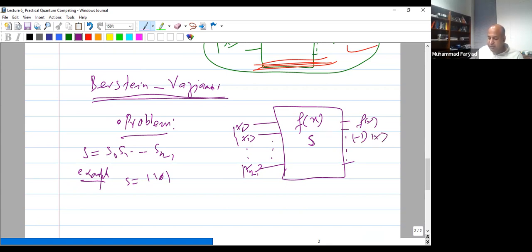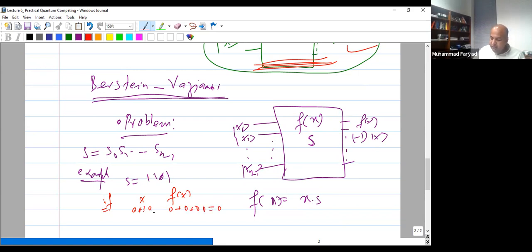So it implements a function f of x, which is the product of x, the input, with the secret bit string. For example, if your x is 0010, when I multiply this x with s, I will get 0 into 1, 0 plus 0 into 1, 1 into 0, 0 into 1, which equals 0.